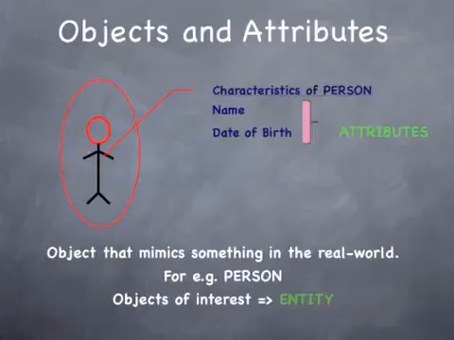For instance, objects could be books, employees, customers, suppliers, events, shows, etc. An object is described by its characteristics. In the case of a person object, a person would have a name, a date of birth, and may or may not hold a job. Now, in database terminology, an object of interest is called an entity, and the characteristics that describe the object are called attributes.